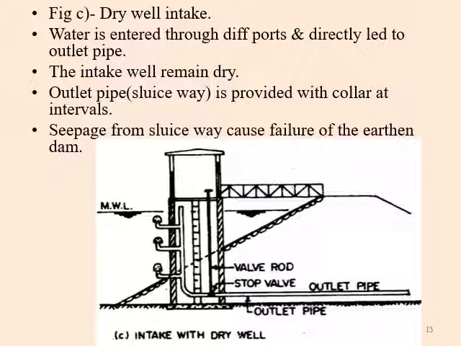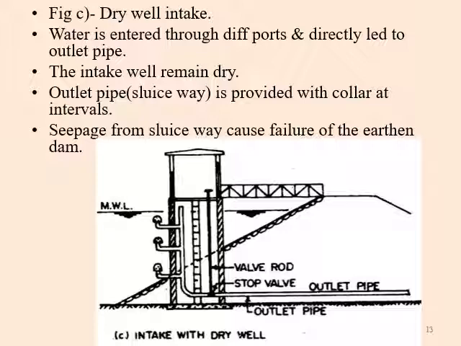At different levels there are ports, and after opening the gates or ports, the water will flow directly through this conduit and go through the dam body to the next point of conveyance. So the intake well will remain dry.